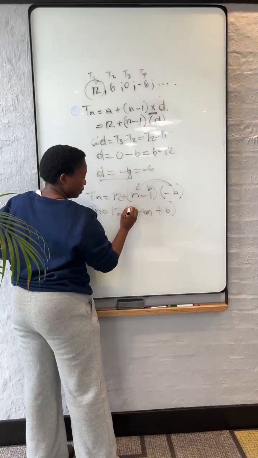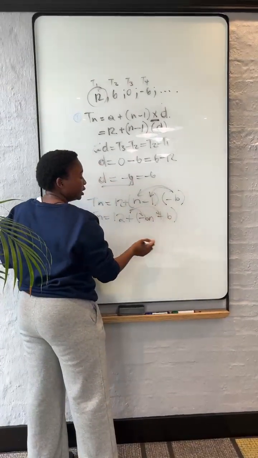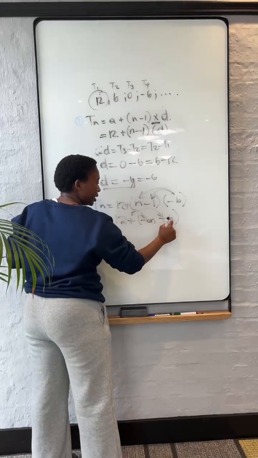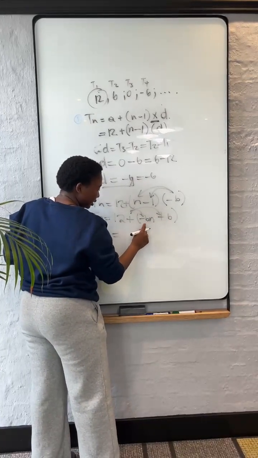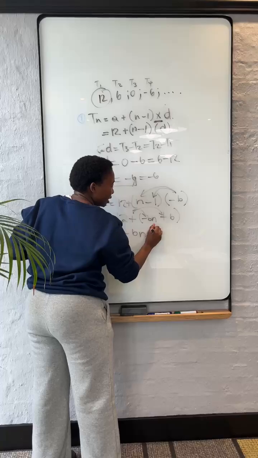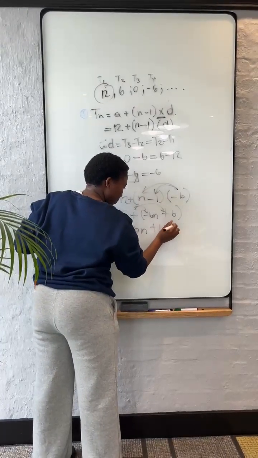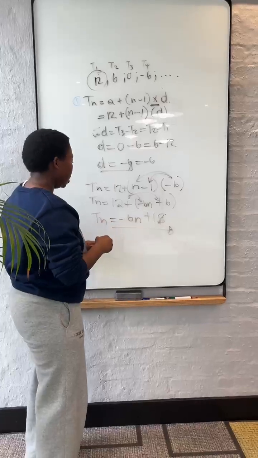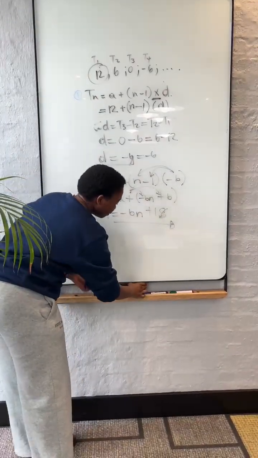This is a positive. If ever we multiply it in, it won't change anything. Tn is equal to 12 plus 6, that's 18. This is -6n plus 18. Please forgive my handwriting. So this is the general term that you have.